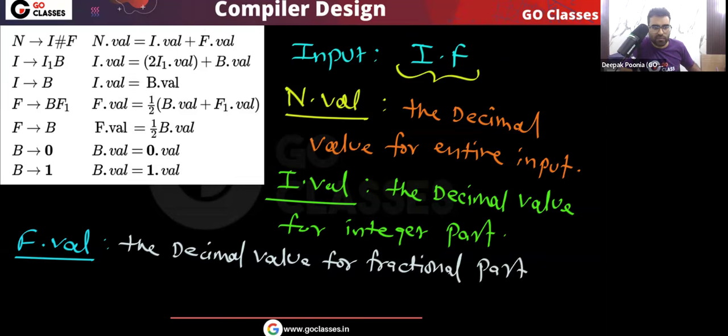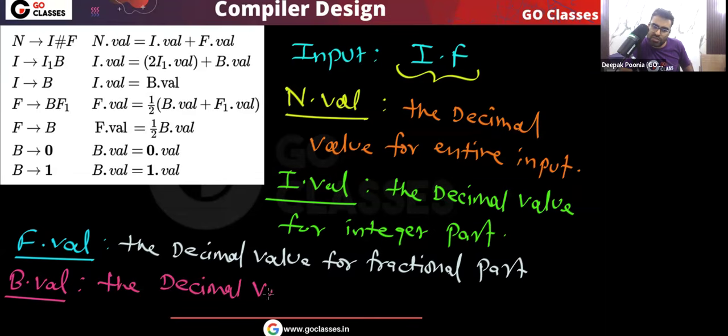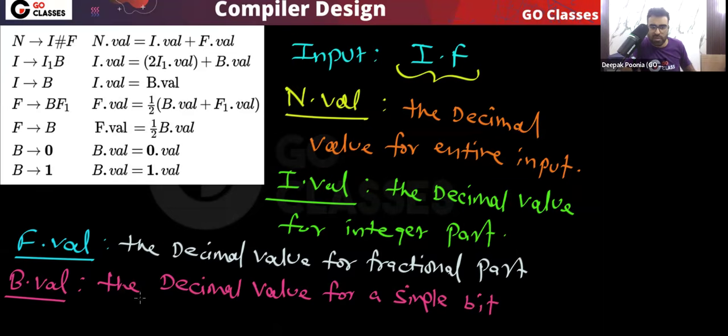And what about this b dot val? This is the decimal value for a single binary digit, for a single bit. Like if your single bit is 0, then for 0, what will be the decimal value?